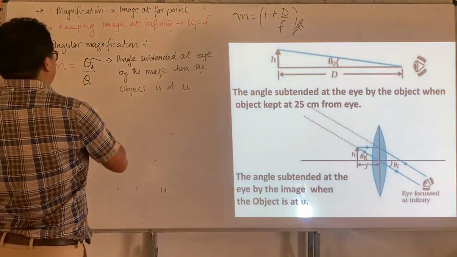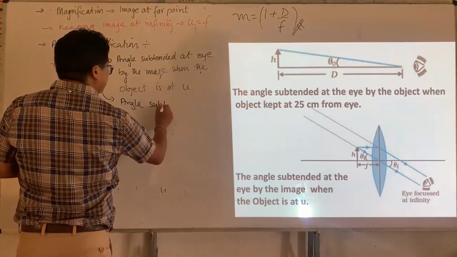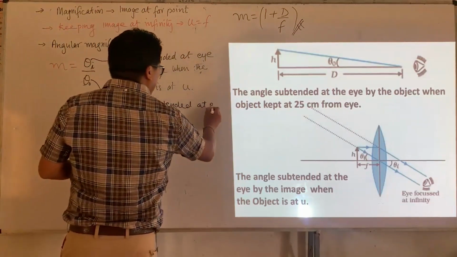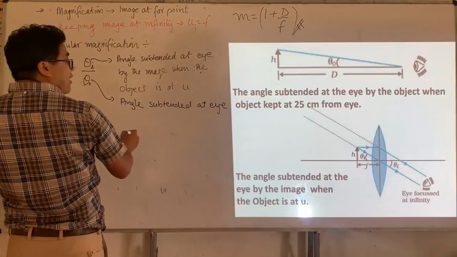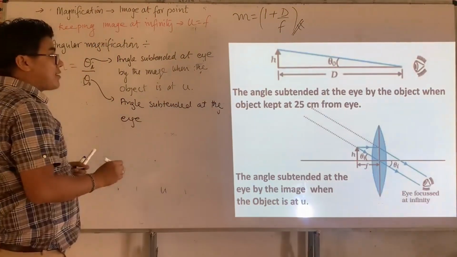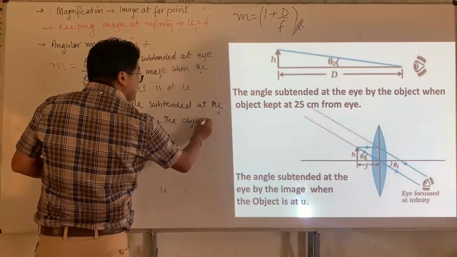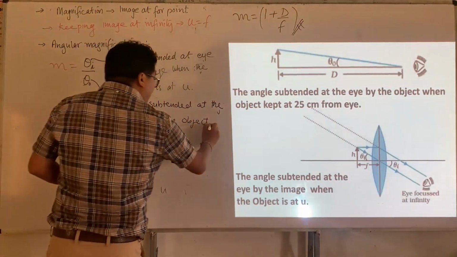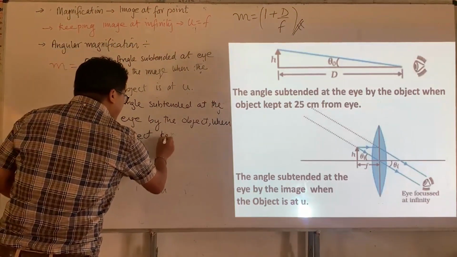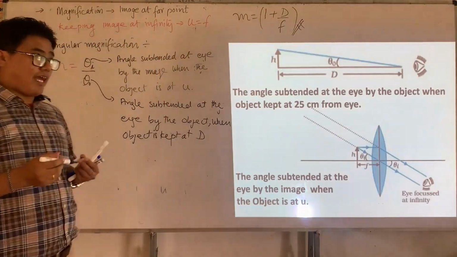Now the next point is, this is the angle subtended at the eye by the object when the object is kept at d.